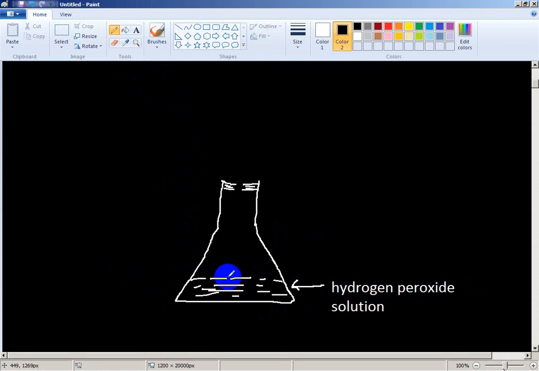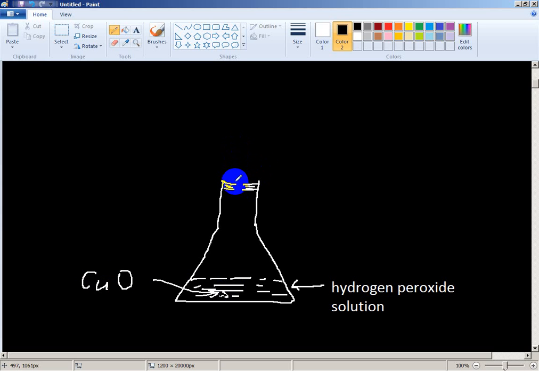Here is 0.5 gram copper oxide also, like this. Now the catalyst is added and gas is produced here.